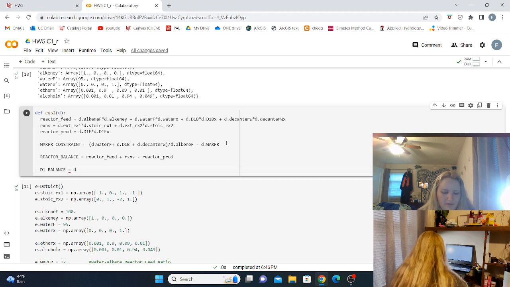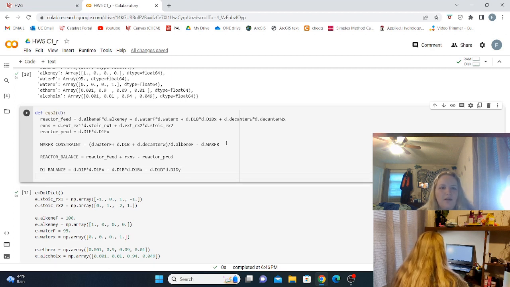That's going to be equal to D.D1F times D.D1Fx minus D.D1B times D.D1BX minus D.D1D multiplied by D.D1Dy. Now we have to specify the ratio of mole fractions because this is a vapor-liquid equilibrium.